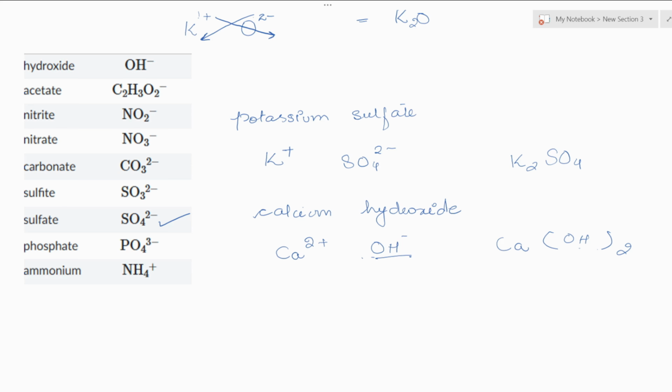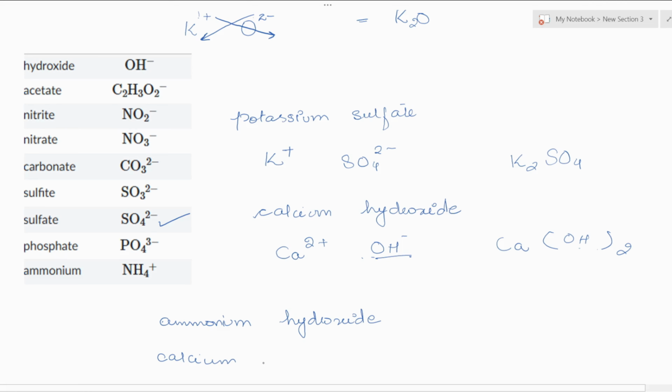I'm giving you one simple assignment. Take 3-4 minutes and give me the formula for the following. Ammonium hydroxide. Both are in the table. Calcium sulfate.